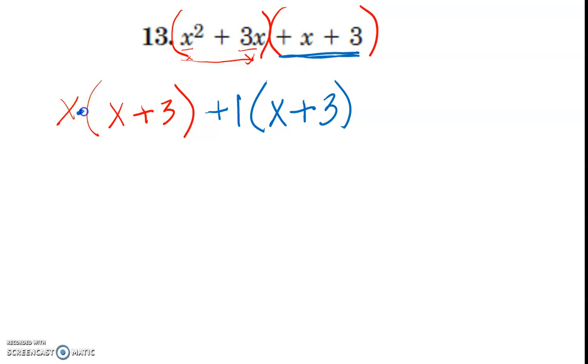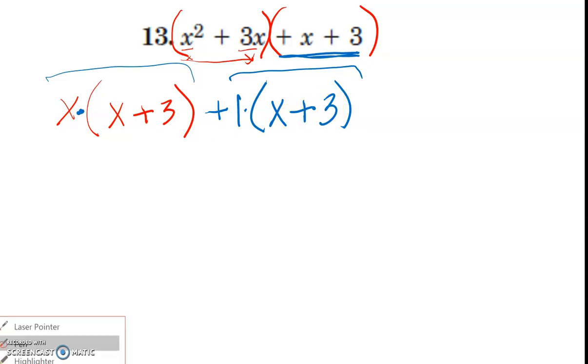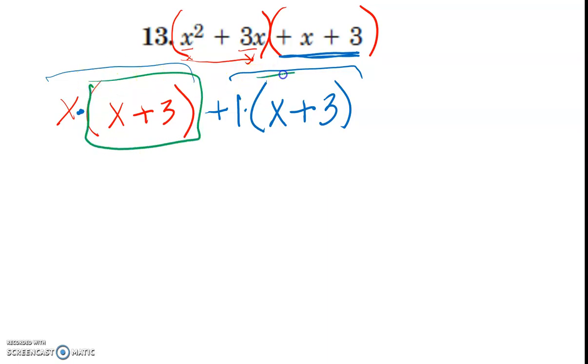The idea here is that we have this product of x times (x plus 3), and then over here we have this product of 1 times (x plus 3). Interestingly enough, they happen to share this factor of x plus 3.